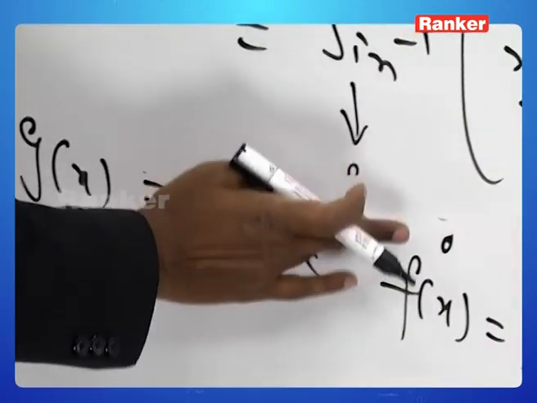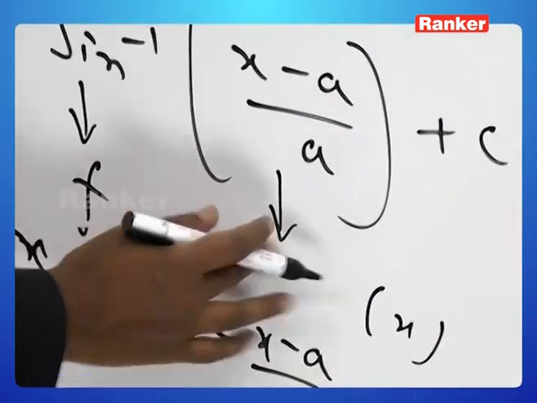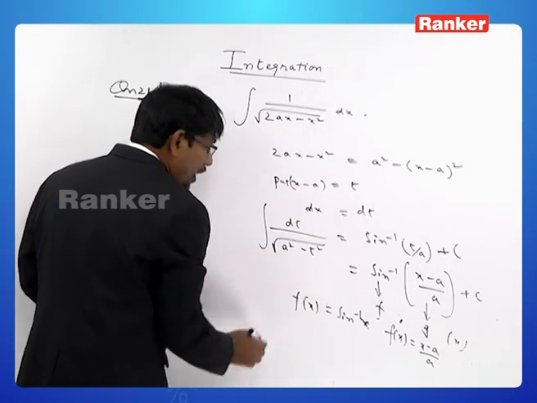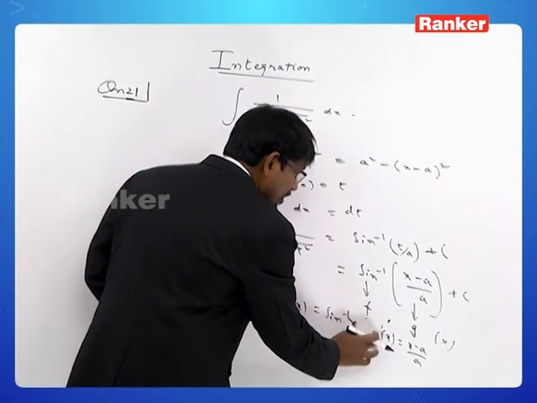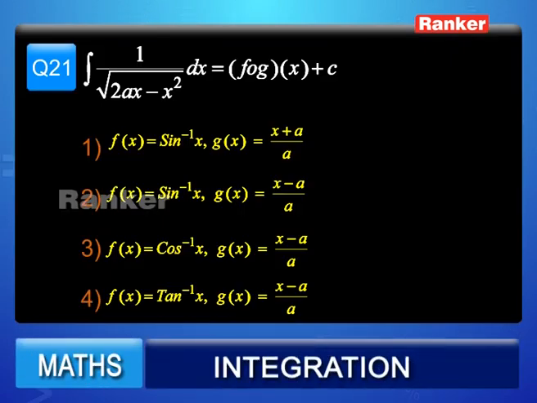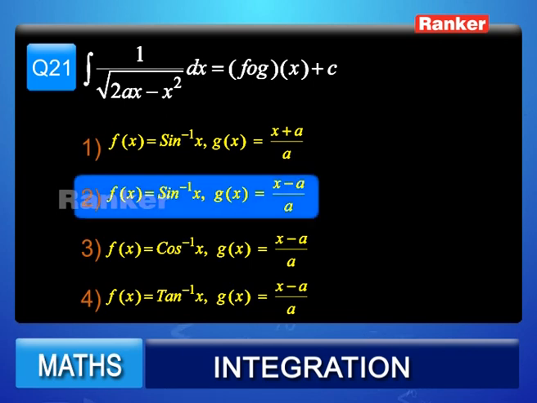So f of x is sine inverse x and g of x is x minus a by a. He has given it in that manner, so let us take it that way. That is clearly seen in option 2. So option 2 is the right answer.